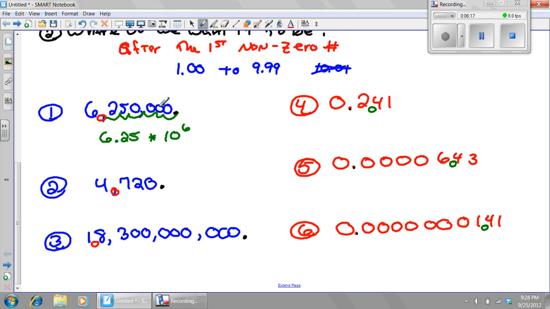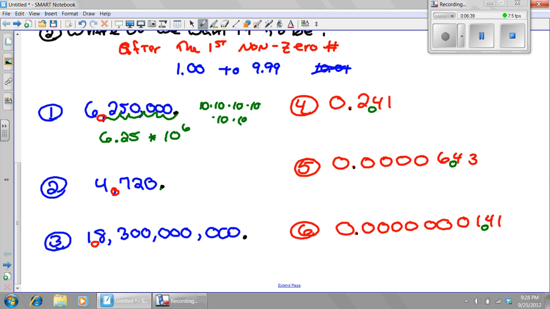The 6 million number got smaller, so I have to multiply it by a fairly large number. And 10 to the 6th means 10 times 10 times 10 times 10 times 10 times 10, which is a very large number.